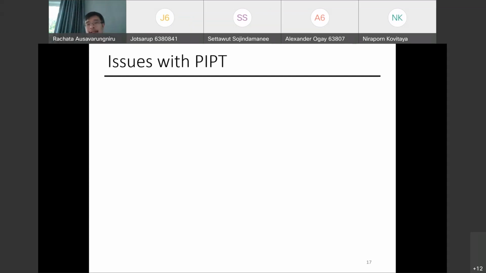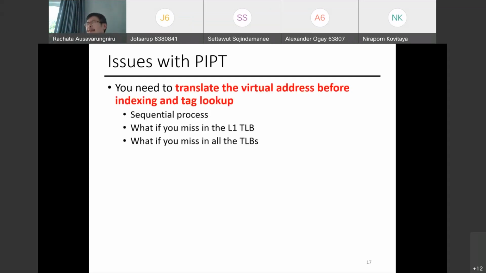To use PIPT, what information do you need? Do we need physical address for everything? The answer is yes, we need physical address for both the index and the tag. This means that before you even get to touch the cache to try to search for your data, you need the physical address.